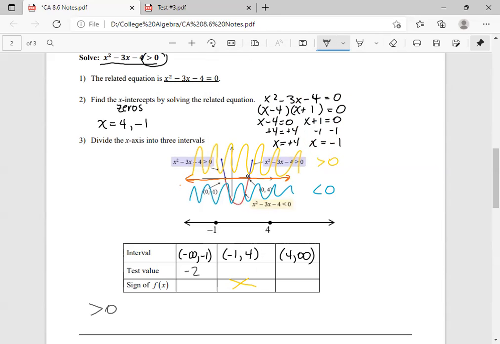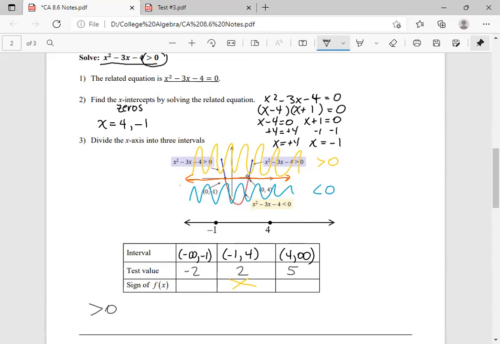Then you're going to want to pick a point between -1 and 4. So we could pick 2. And we also want to pick a number that is between 4 and infinity, maybe 5. It can be any number that is between those.